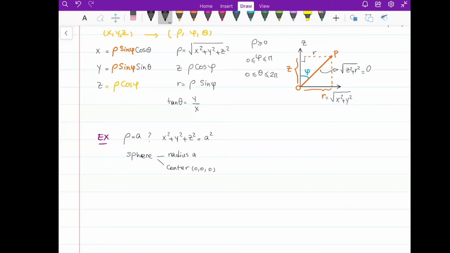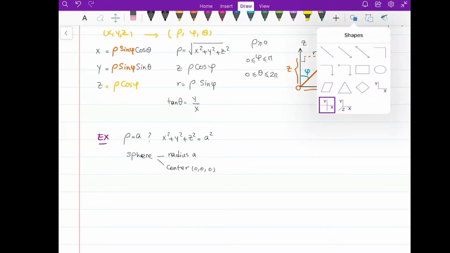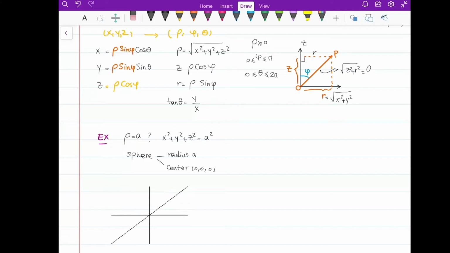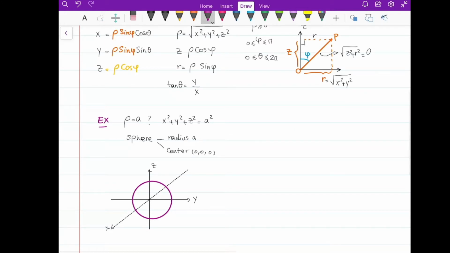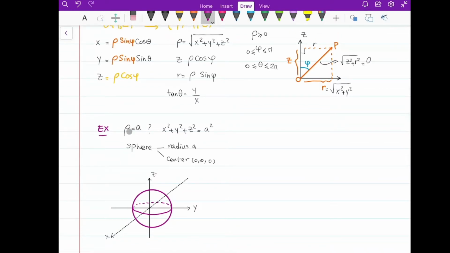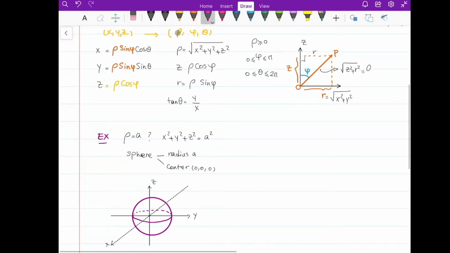Okay, so let me graph that sphere. This is y-axis, this is x-axis, and then this one is the z-axis. And I have the sphere in here. Let me change the color of that. So when rho is equal to just a number in the spherical coordinate, it's a sphere of radius a.